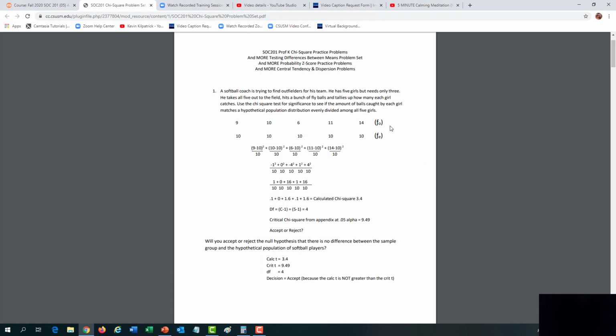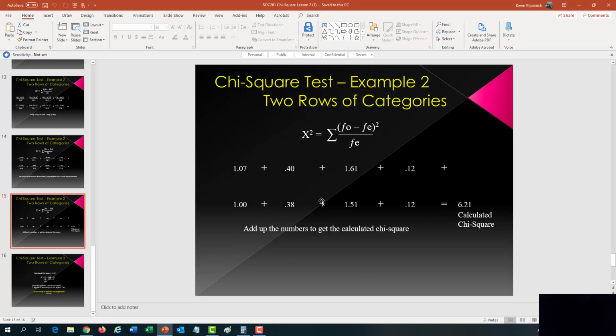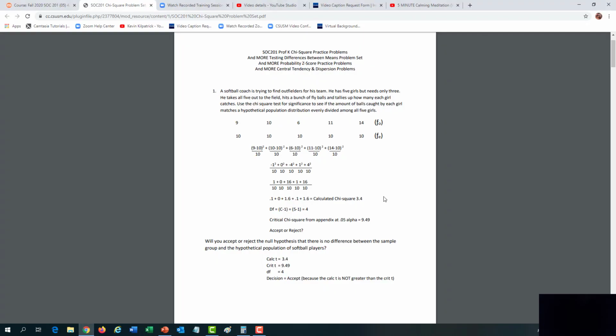Okay, so after I have the observed and the expected frequencies, then I need to set up all the fractions according to the chi-square formula. And this is the fraction that you're looking at. The observed frequency minus the expected frequency, you're going to square that result, and then divide that by the expected frequency. So that's what I have here, right? For the first player, their observed frequency is 9 and the expected frequency is 10.